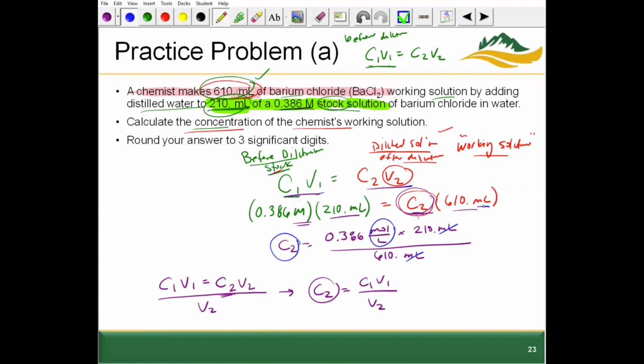As long as this volume unit is equivalent to this volume unit, you don't need to do the conversion because those units will cancel out. So you could solve for the concentration of the working solution by taking C1 times V1 divided by V2. That's one way we can do it all in one step. We would get the same answer doing it this way as well.